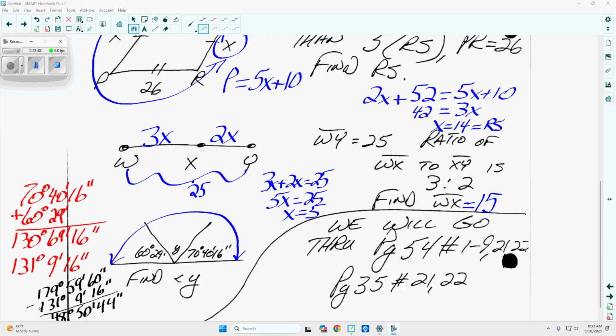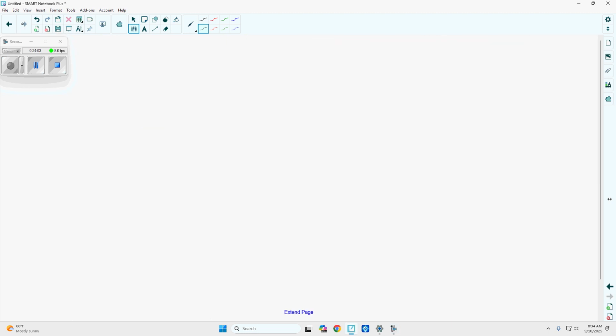And then for some reason, I jumped to page 35, didn't I? So if I jump to page 35 and I look at questions 21 and 22, I can actually write these down. Number 21, it's a small plus small equals big problem, right?